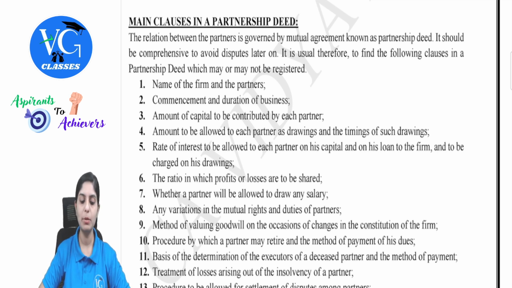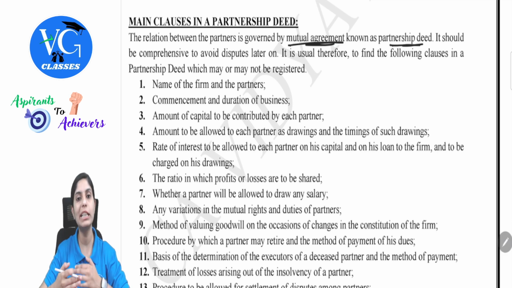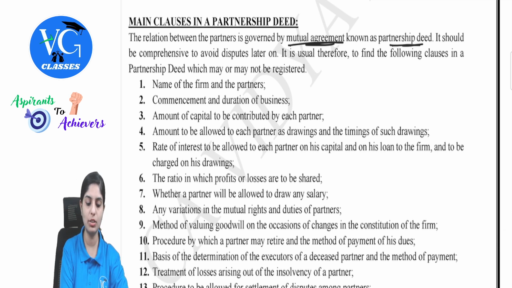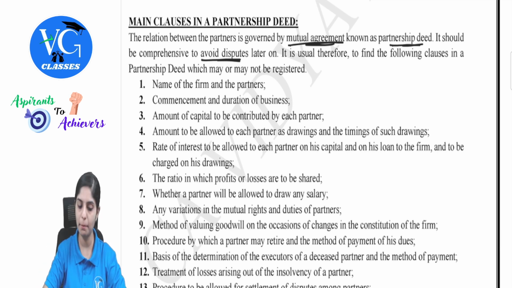The relation between the partners is governed by mutual agreement known as the partnership deed. This is nothing but mutually discussed and done. It should be comprehensive to avoid disputes later on. This acts as your legal document to refer to if there are any confusions in order to operate, or what are the points which we are going to look at. You will understand that better.